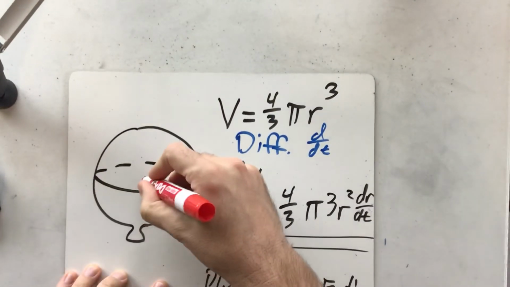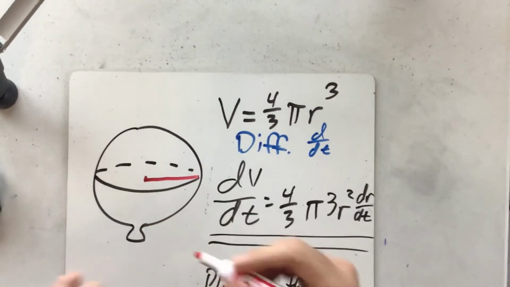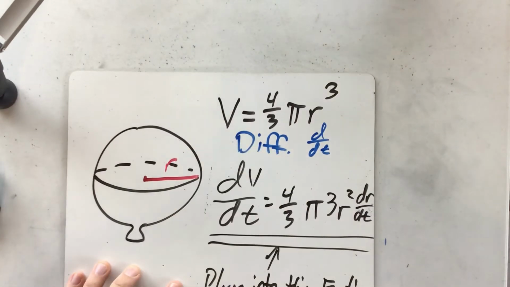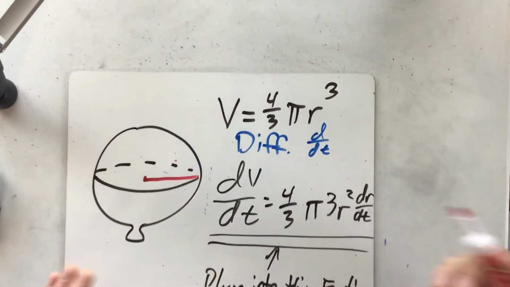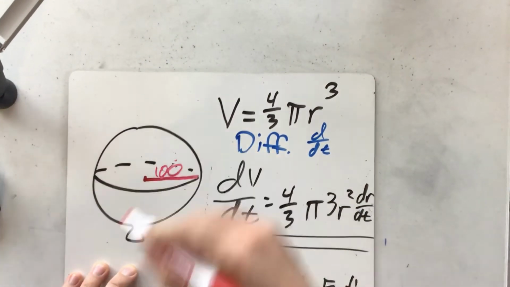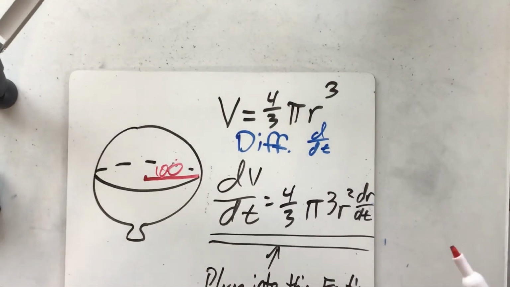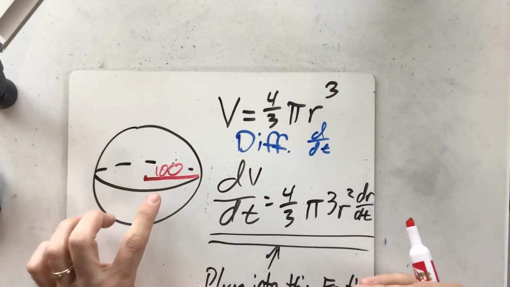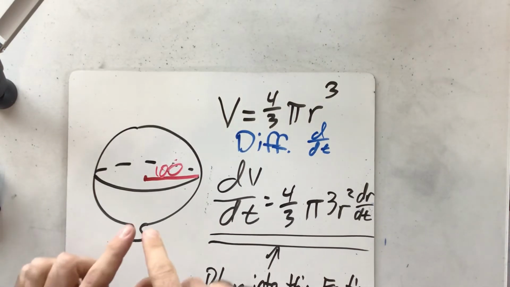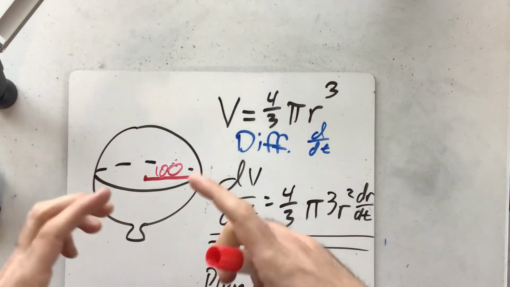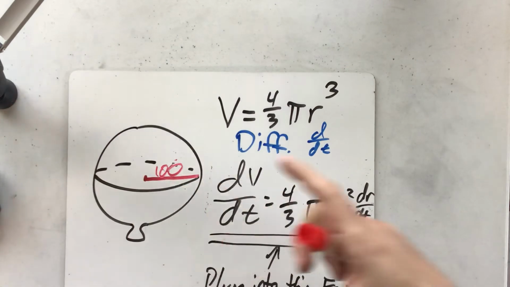And so they will label the radius, and if I would have labeled the radius, I would have put an R on here, and I probably should have done that before I started. But what the students say is, oh, I want to label this with a 100, because that's what the radius is. And that's true, that's what the radius is at the moment we're interested in, but our balloon is not fixed at 100 centimeters. The balloon's actually growing all the time.